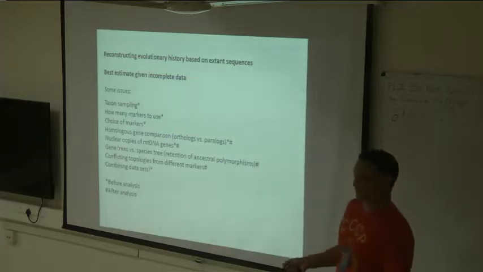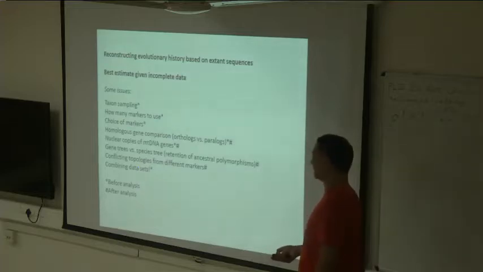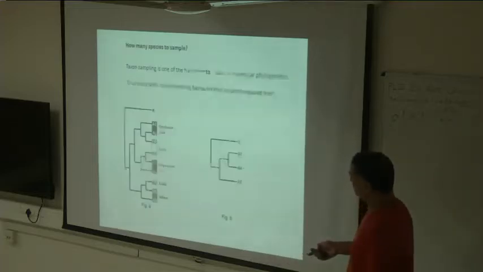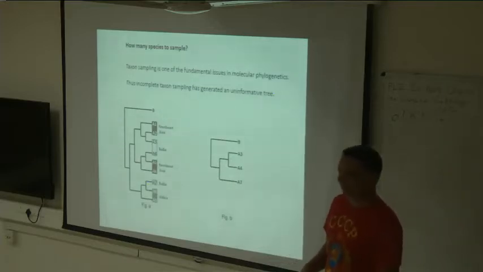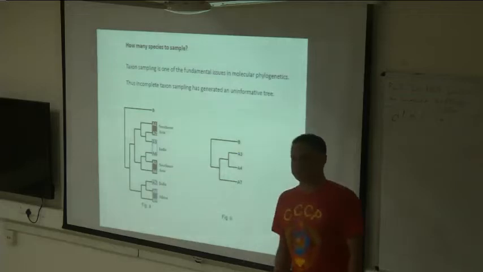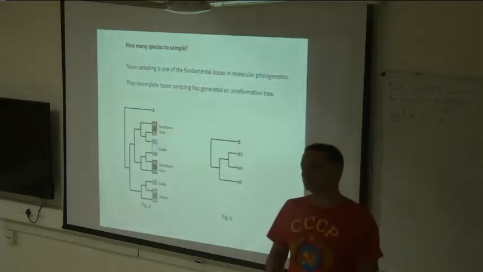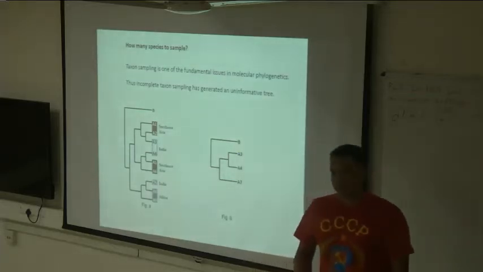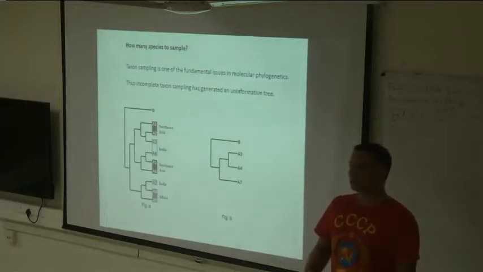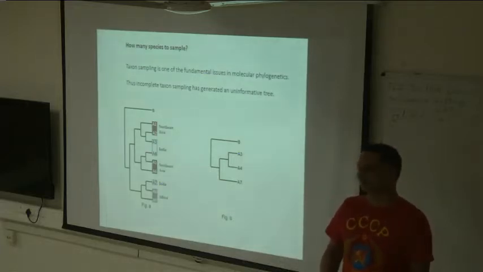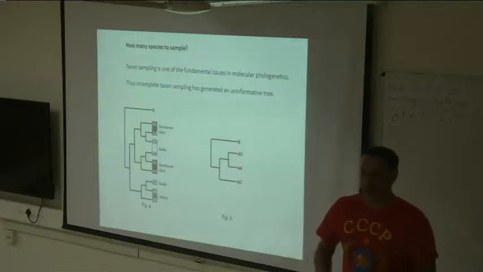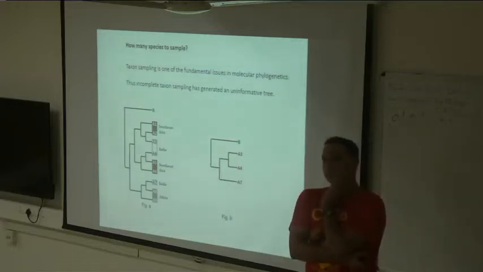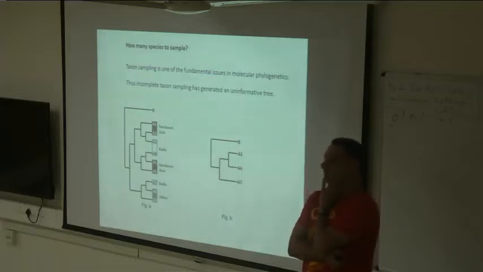Then we talked about whether we should combine the data set or look at it separately, right? The first question often asked by people who are building phylogenies is how many species should I have in my phylogeny? Taxon sampling is very, very important to get a robust and informative phylogeny.